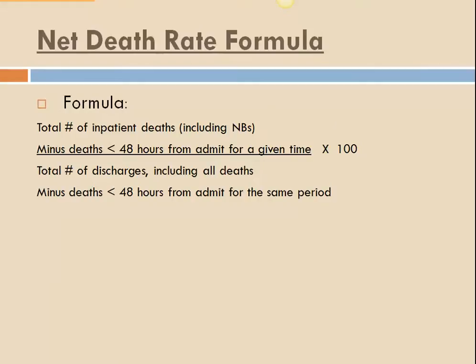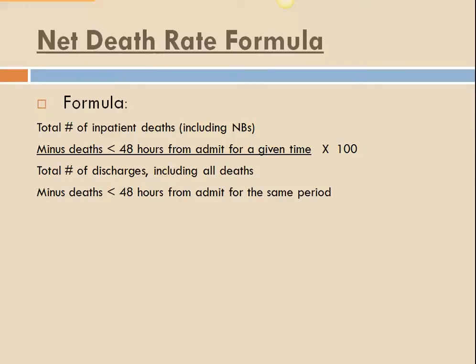So let's look at the formula. You're going to take the total number of inpatient deaths, including newborns, minus deaths that occurred less than 48 hours from admission for a given time period.